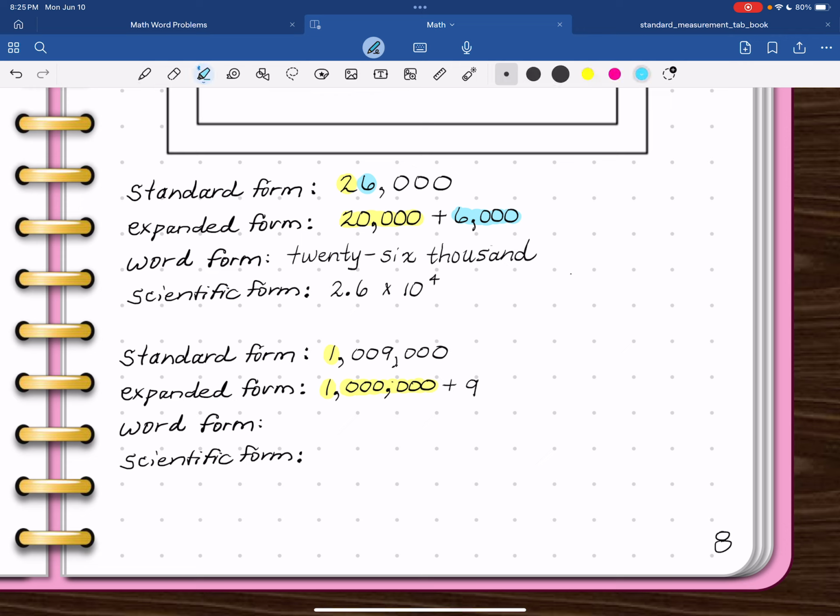Let's study it. This is where those post-it notes help. They can see it lining up. That is a 9 in the thousands place. So 9 in the thousands place. That is expanded form for this one. And that will help you with word form. 1 million. And we need a comma between millions and thousands.